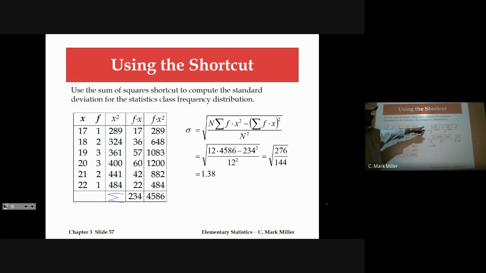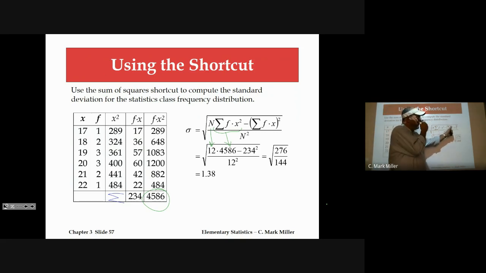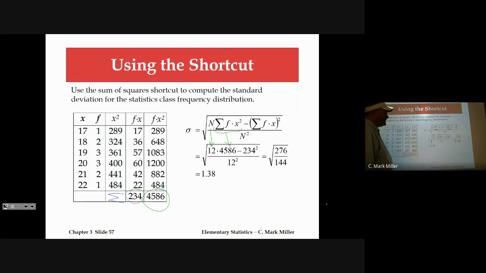And so here's our formula up here. The N is 12. The sum of the F times X squareds is 4586. The sum of the frequency times the X's, that's this column, 234 squared, all divided by 12 squared.